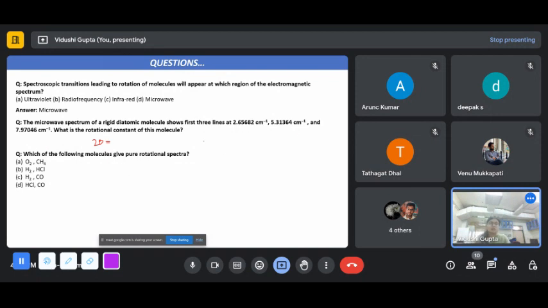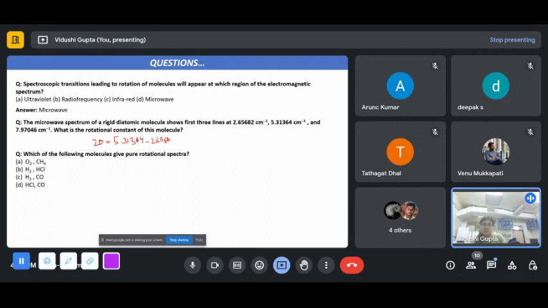So just subtract these two values, 5.31364 minus 2.65682.